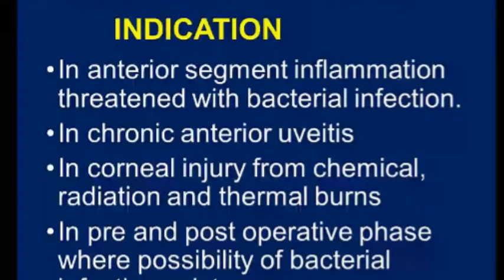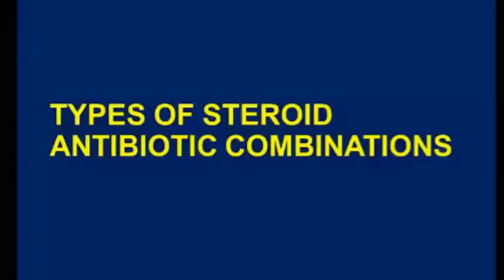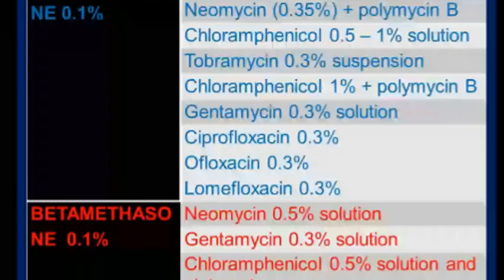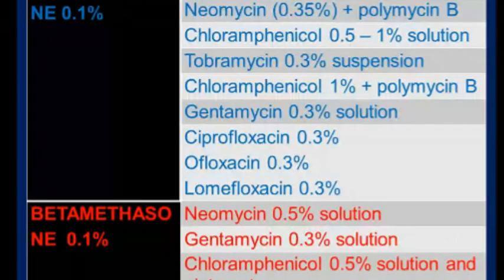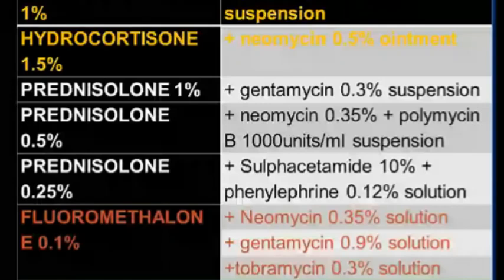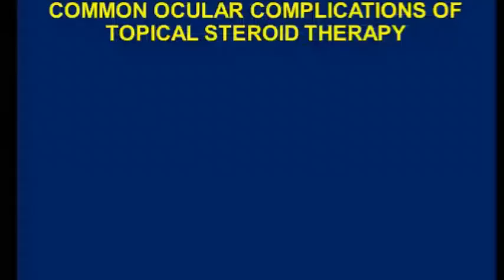And also in pre and post-operative phase where bacterial infection exists. So these are the types: dexamethasone, neomycin, betamethasone, neomycin, hydrocortisone plus gentamicin, prednisolone plus gentamicin. So these are the examples of steroid antibiotics combination.